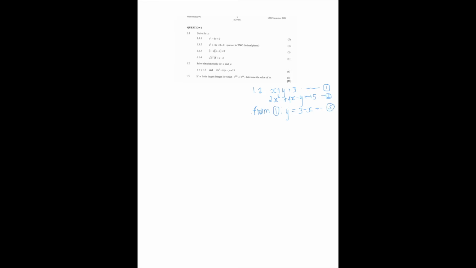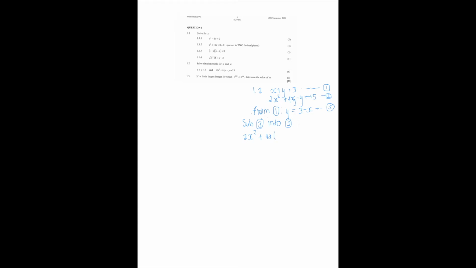Then the next step, we are going to substitute equation 3 into equation 2. So in equation 2, wherever we see a y, we are going to substitute it with 3 minus x. So then we will have 2x squared plus 4x, that's an xy.